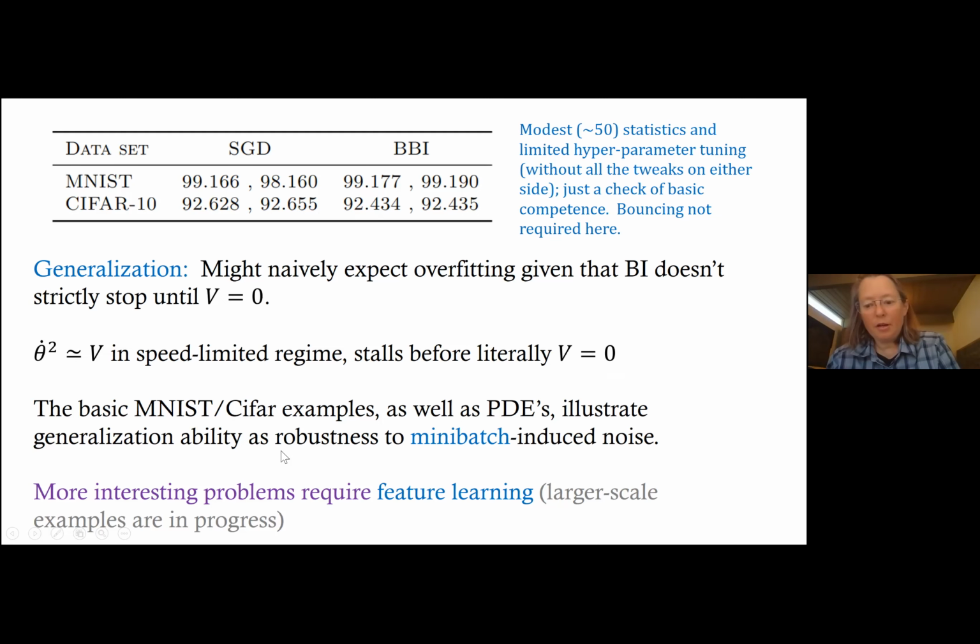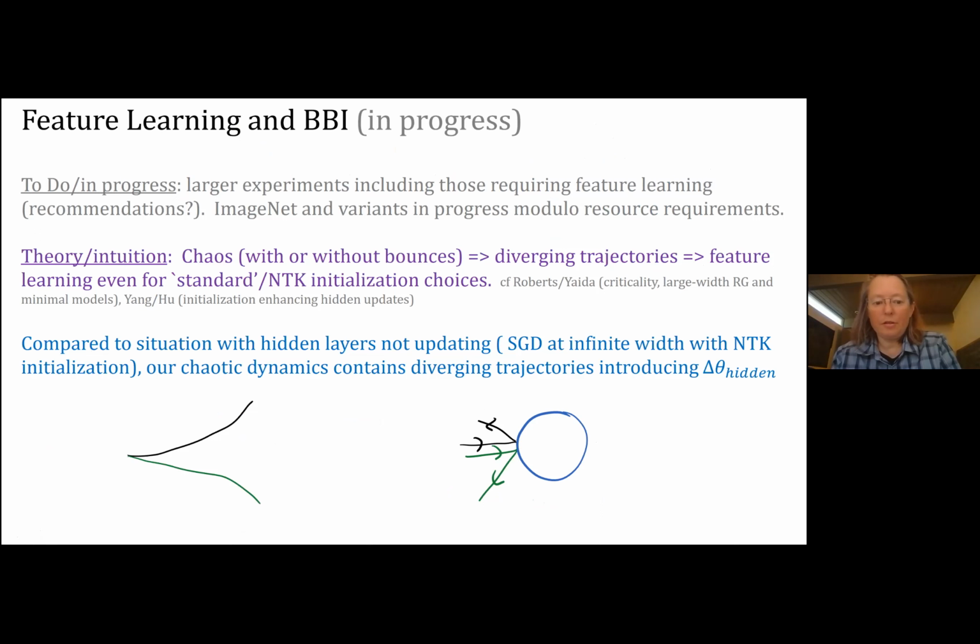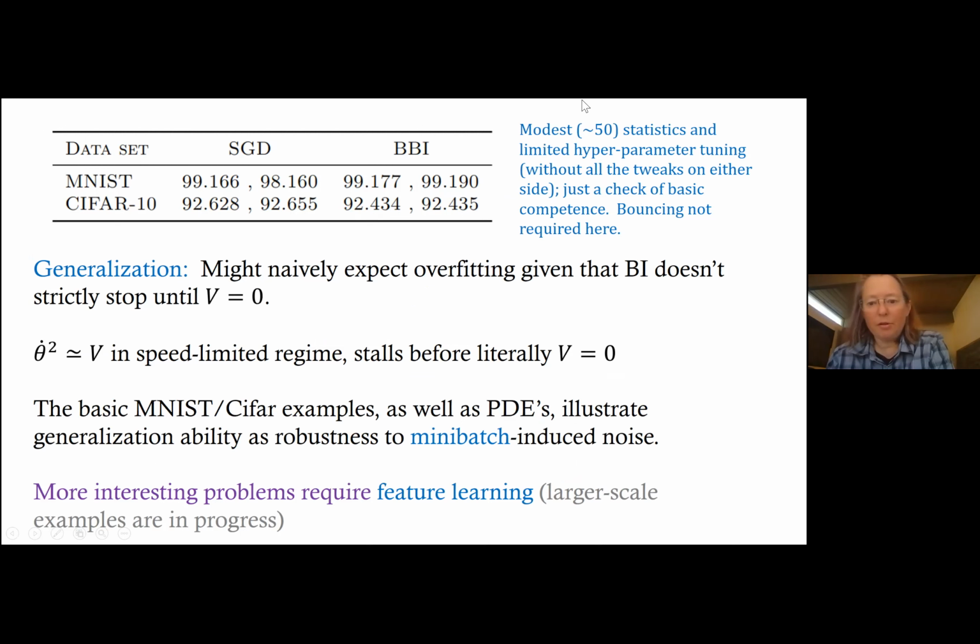So we are interested in going to problems where you really want to find the more interesting solutions, if that makes sense. But just to be clear, I did go too fast probably. This is just, as I said here, a check of basic competence. It's not an advantage at these scales.